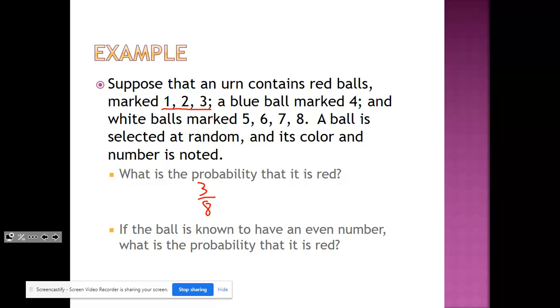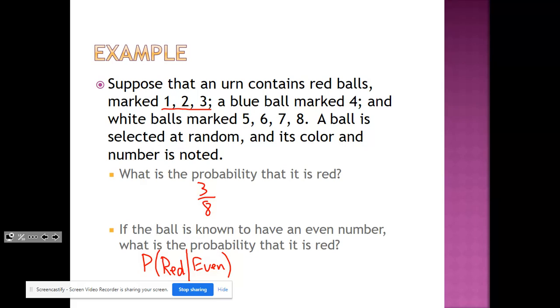In the second one, it says if the ball is known to have an even number. That is my given. We want to know the probability that it's red. So how we write this with notation: the probability of red given it's an even number.